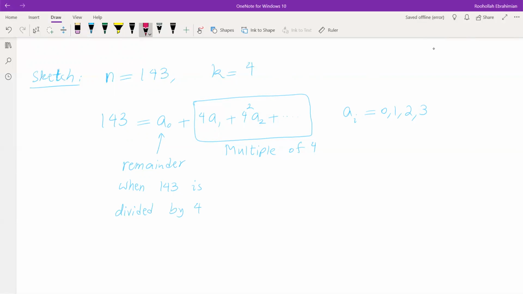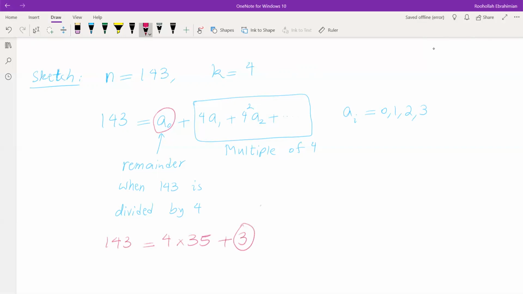So that is nice because now I can figure out what a0 is. All I do is I take 143 and divide it by 4. You get 4 times 35. So 35 is the quotient because 4 times 35 is 140, and the remainder would be 3.